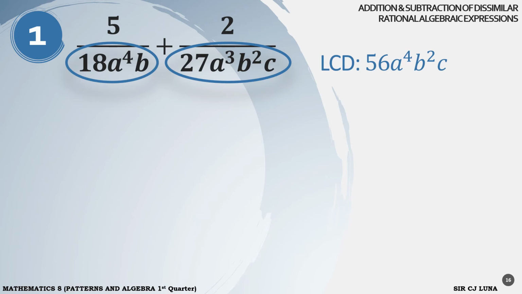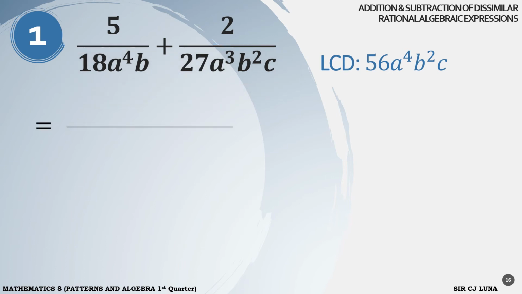Next, we have variable b. b squared. Of course, we have to take b squared. And lastly, we have variable c. Okay, so this is now our LCD. 54, a raised to 4, b raised to 2, c. So ilalagay mo yan dun sa baba.